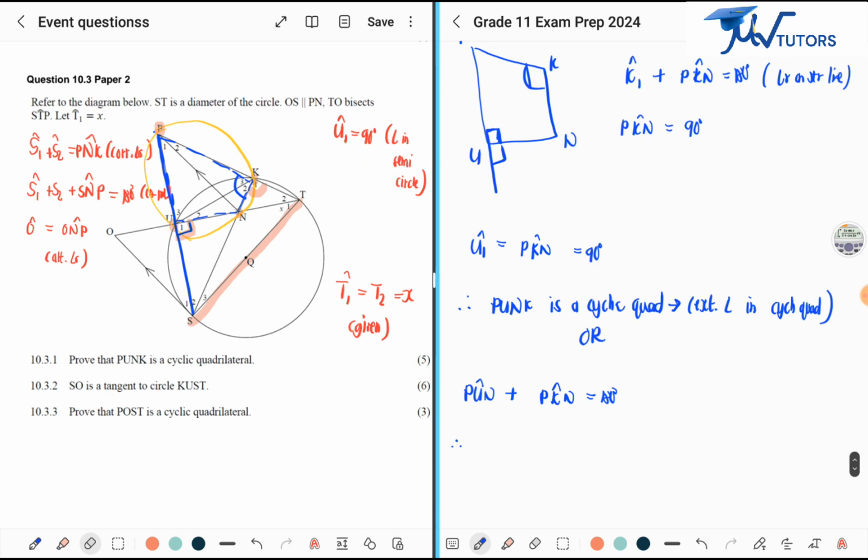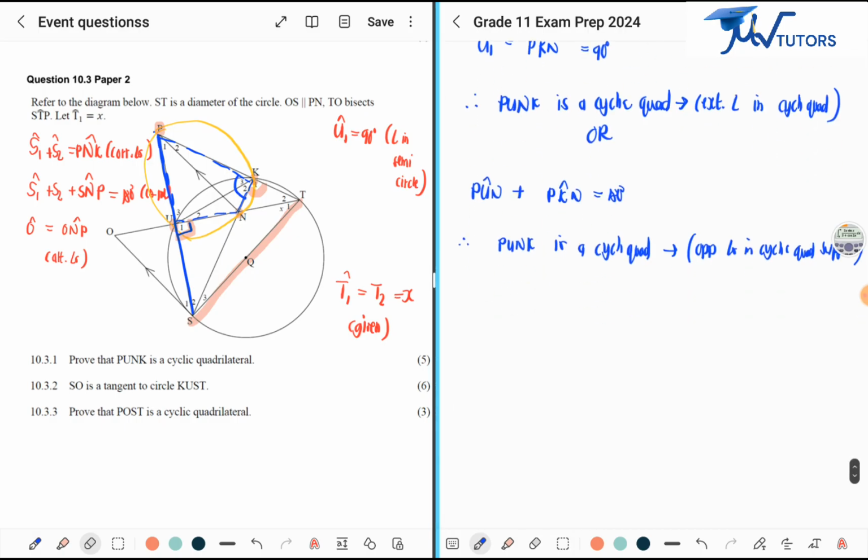Therefore, PUNK is a cyclic quad. And the reason is opposite angles in a cyclic quad are supplementary. Okay. And that's that for 10.3.1. Now we can go to 10.3.2.